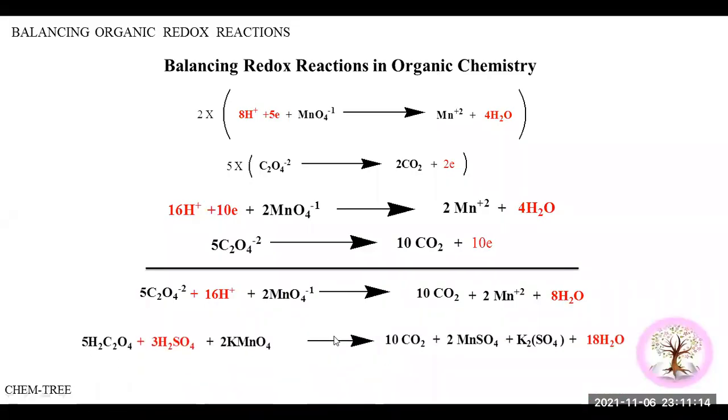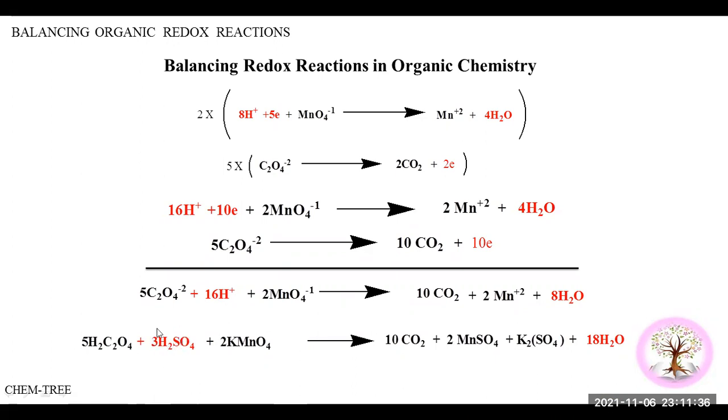So instead of these 5 oxalate ions, you will write 5 molecules of oxalic acid, which will react with 3 molecules of sulfuric acid. Why 3? Because here 5 twos are 10, 10 hydrogen have been compensated instead of 16, and 6 hydrogen are still there.